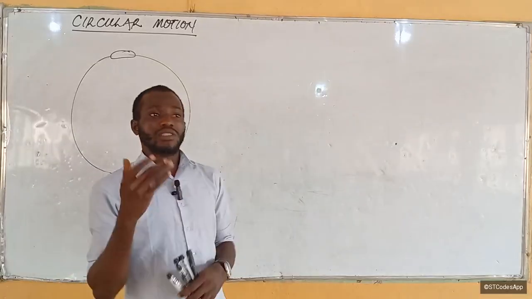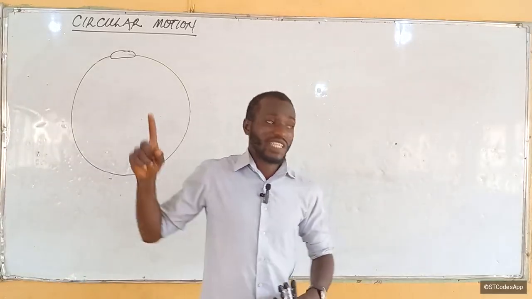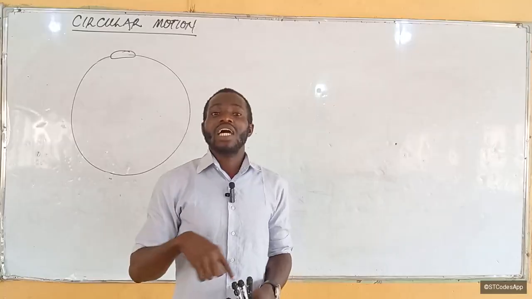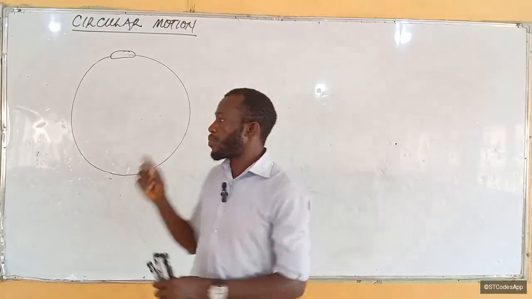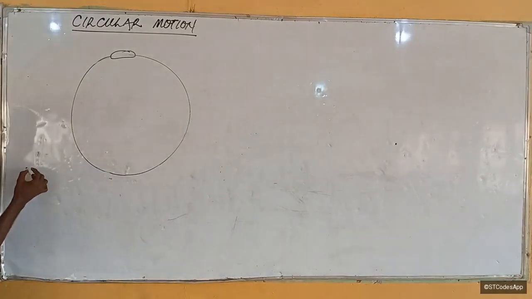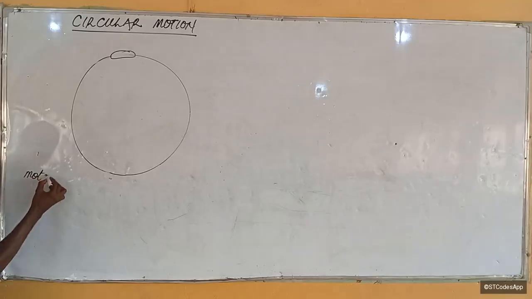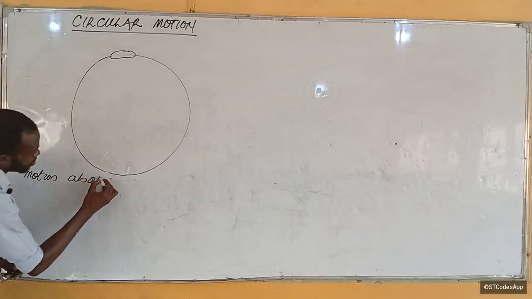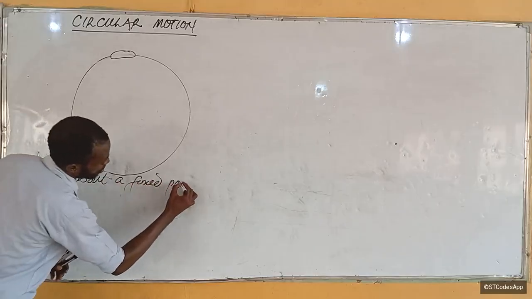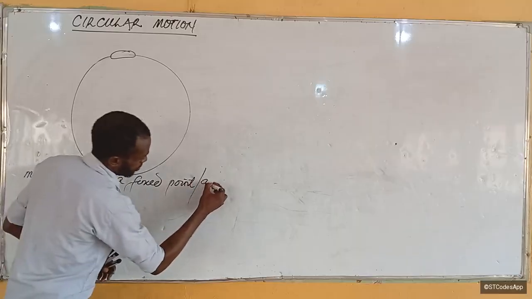So circular motion is basically motion around a circle, motion about a fixed point. We can define circular motion as motion about a fixed point called the axis.